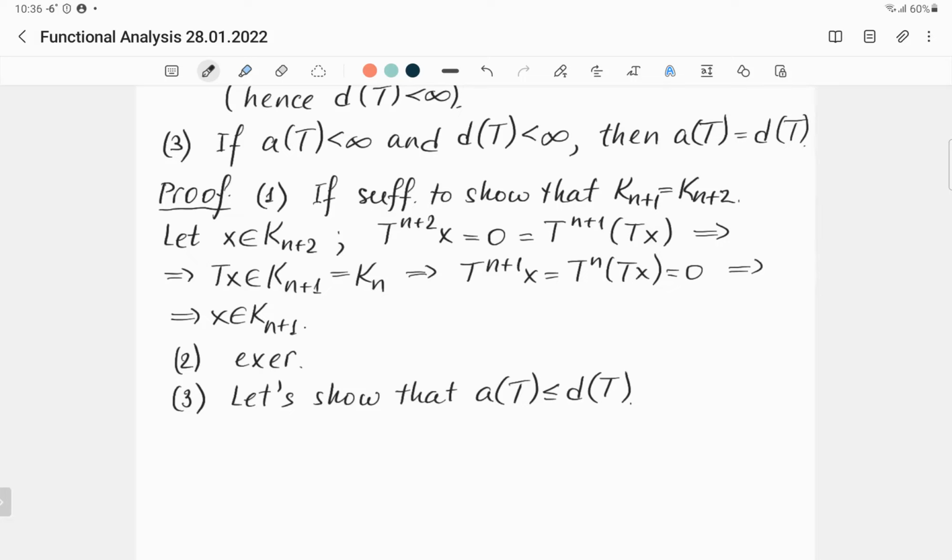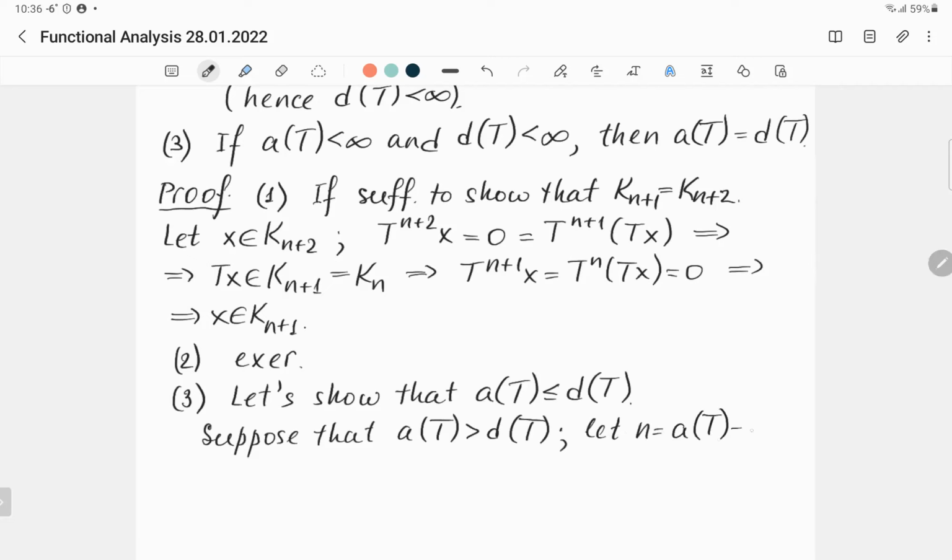To prove this inequality, let's assume that this is not the case. Suppose that A of T is bigger than D of T. And let n denote A of T minus 1.